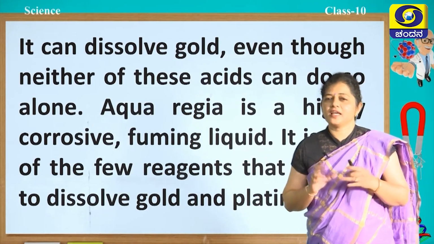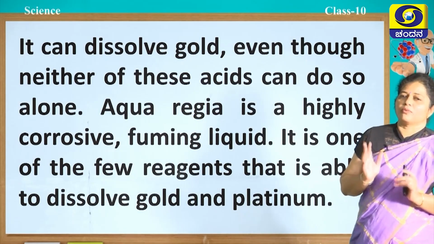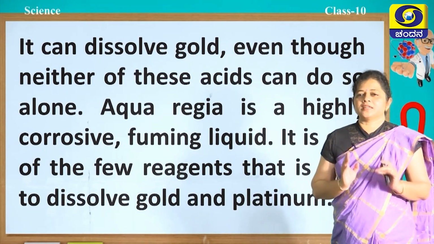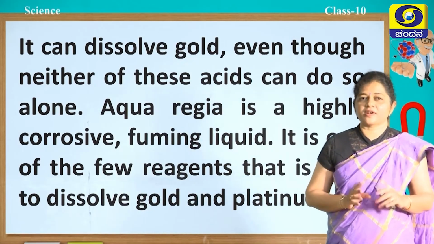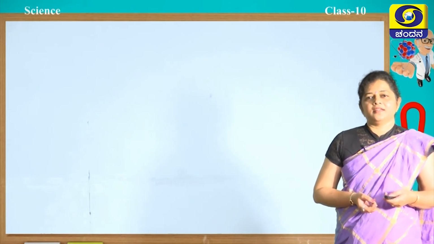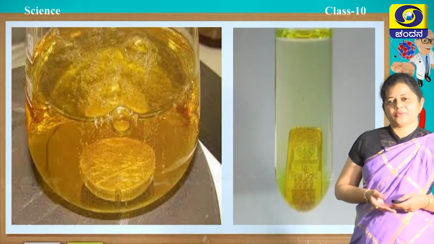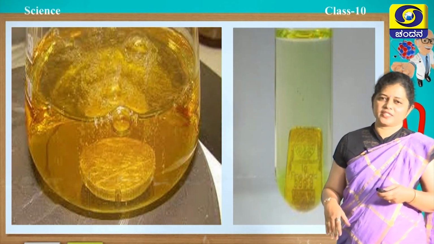Aqua regia is a highly corrosive and fuming liquid. It is one of the few reagents that is able to dissolve gold and platinum, which are otherwise non-reactive metals. So, now this is aqua regia. Now, you can see gold is reacting with aqua regia.